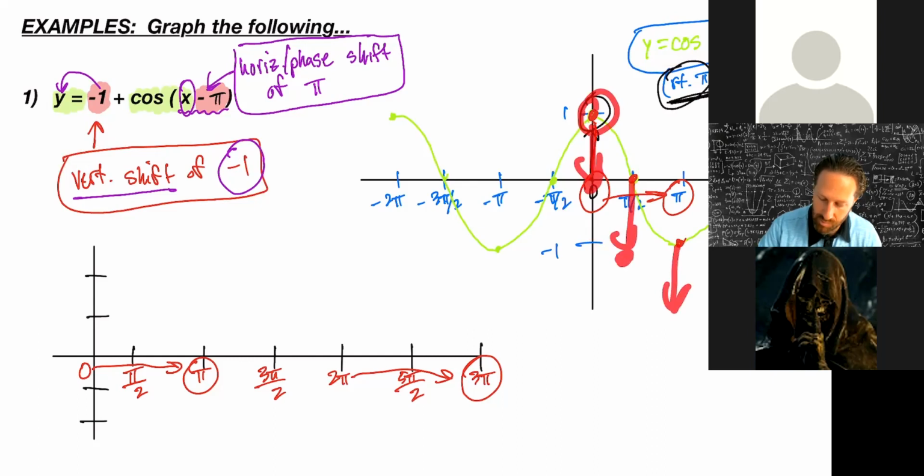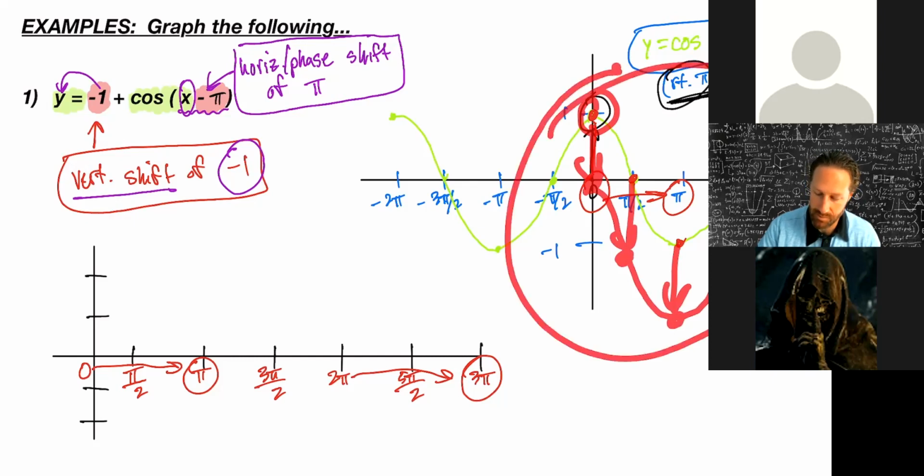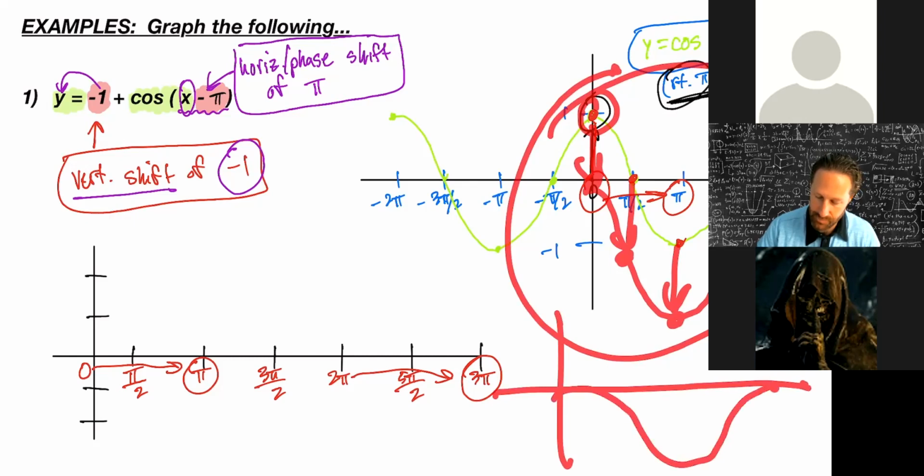And when I plot those new points, look what just happened. Do you see how it just moved my entire graph down 1? Then they'll draw another one with that involved, and then they'll shift everything for the second thing.